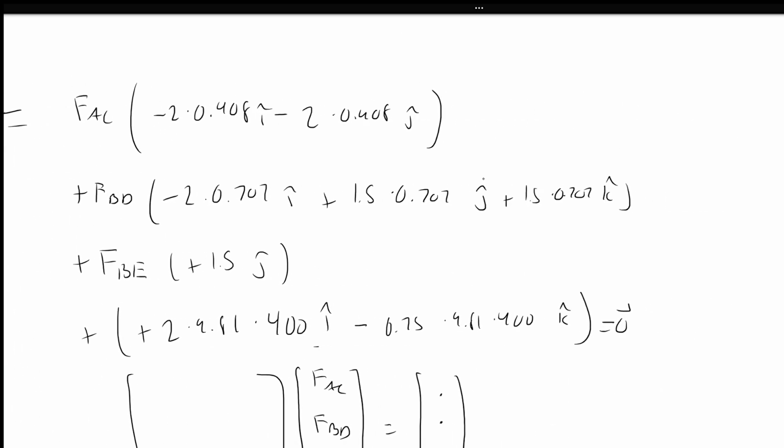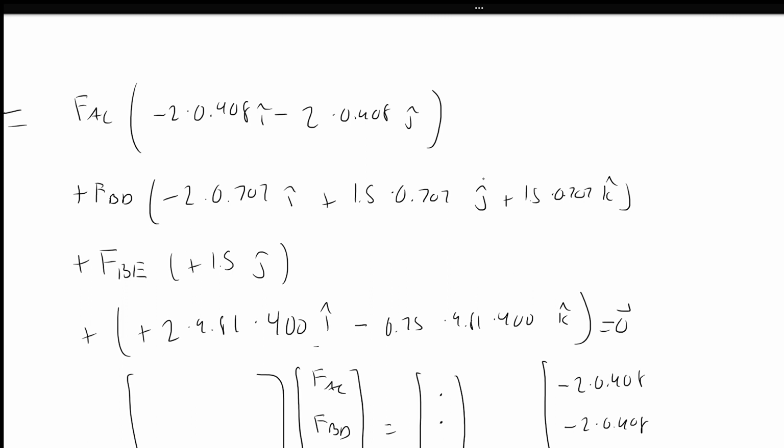If we gather up all the F_AC terms, they go in the first column of the matrix: minus 2 times 0.408, minus 2 times 0.408, and 0.